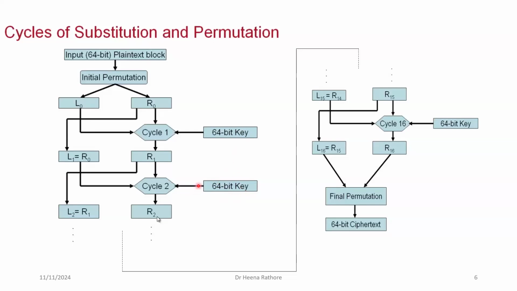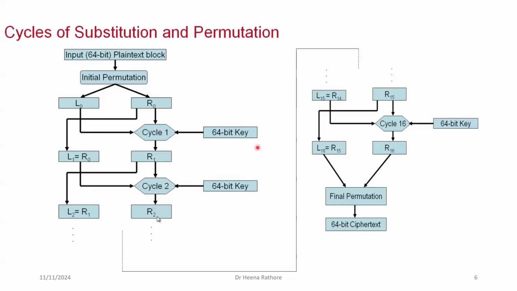But in the second round, once again, you take your 64-bit key, you take your right-hand side, apply a function, and your previous left-hand side, you XOR it to get your right-hand side, and the previous right-hand side becomes your left-hand side. Very similar to the Feistel cipher structure that we were covering. That is round number 2.